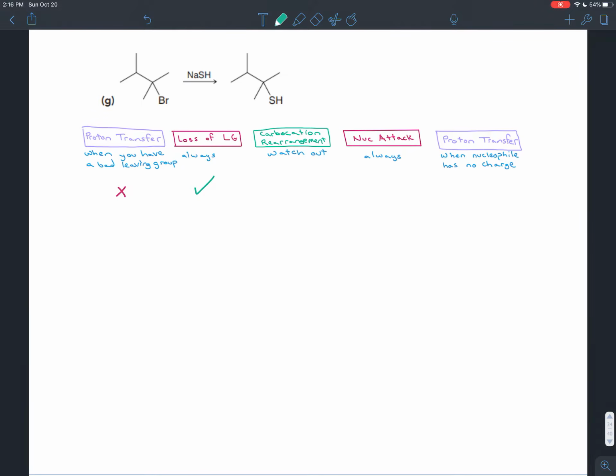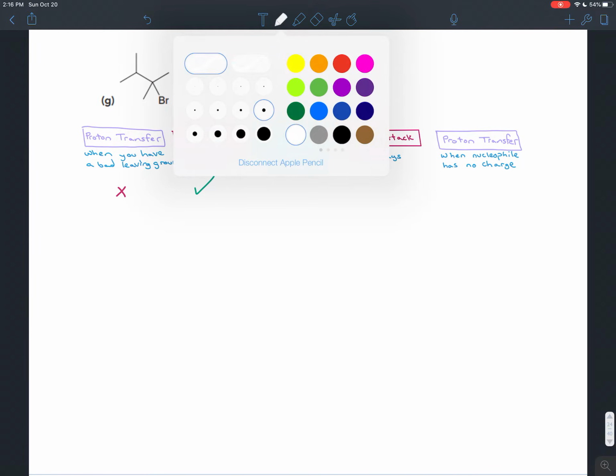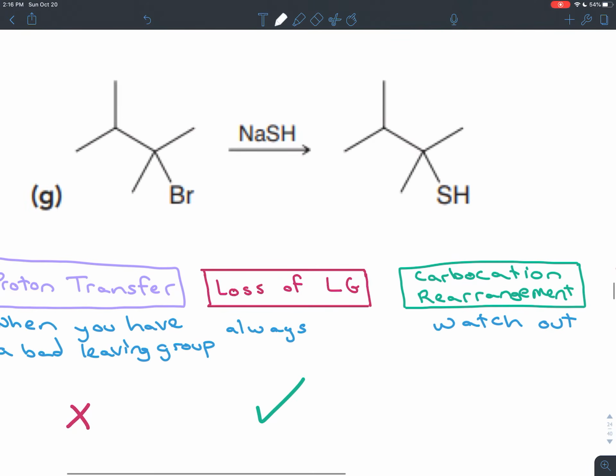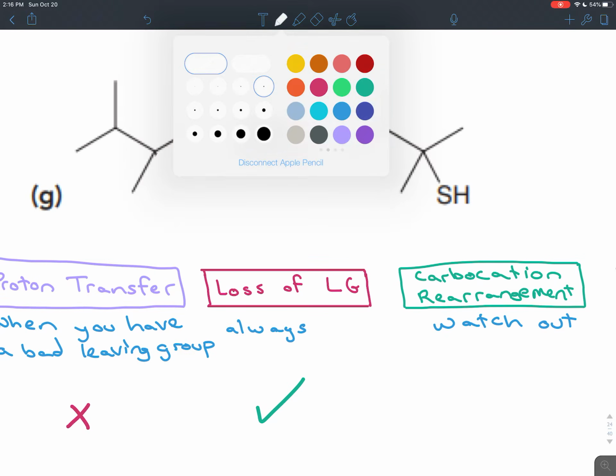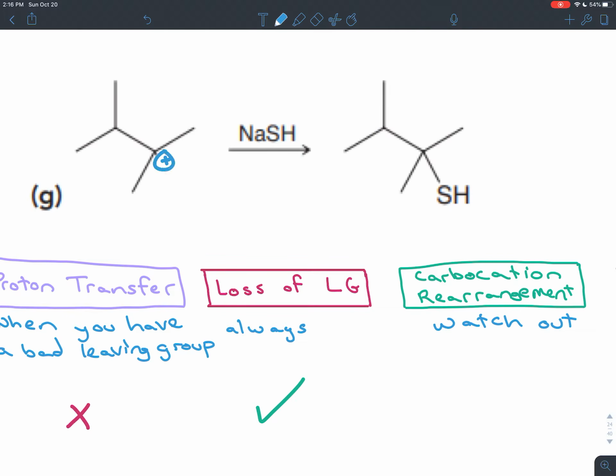Let's think about carbocation rearrangement. Imagine drawing the leaving group off the molecule. It leaves, takes the electrons away. And so now you would have a positive charge on that carbon. Well, that is a tertiary carbocation because it's bonded to 1, 2, 3 other carbons.